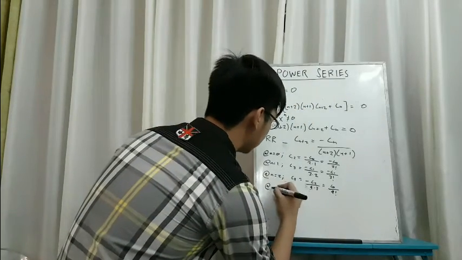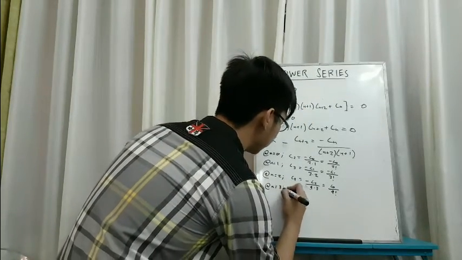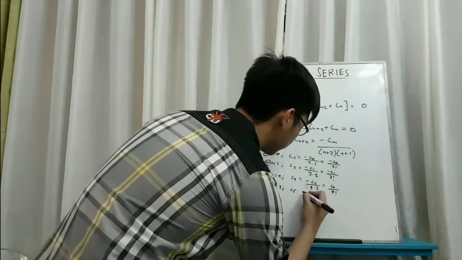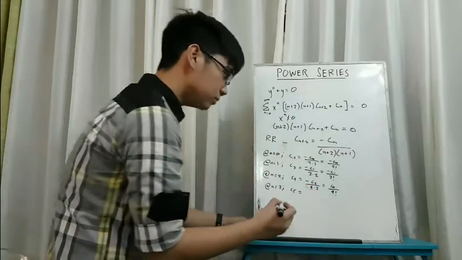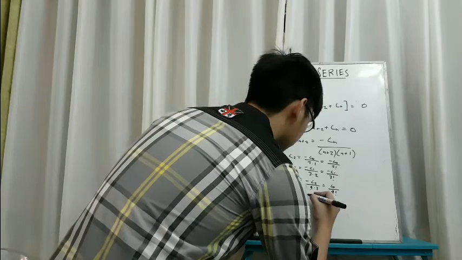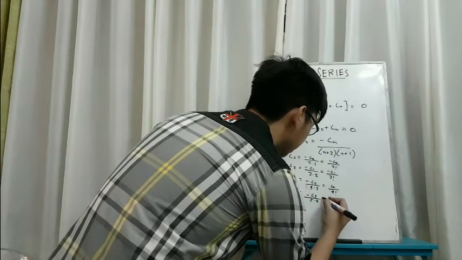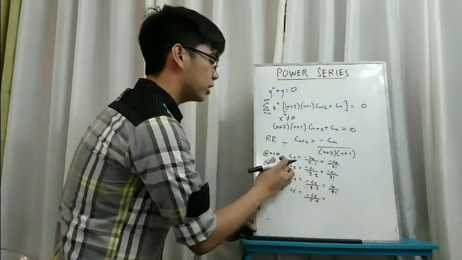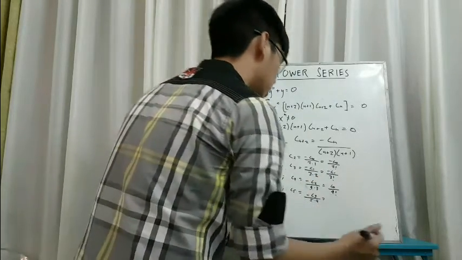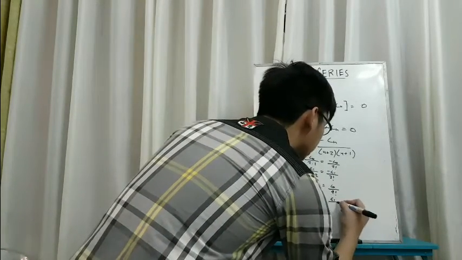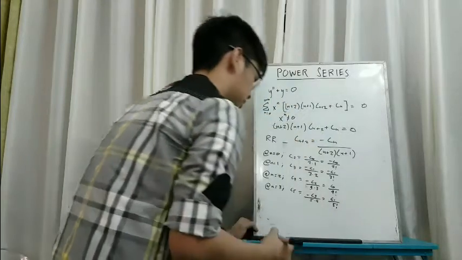At n is equal to 3, C5 is equal to negative C3 over 5 times 4. C3 is here, and plugging this in would give us C1 over 5 factorial.